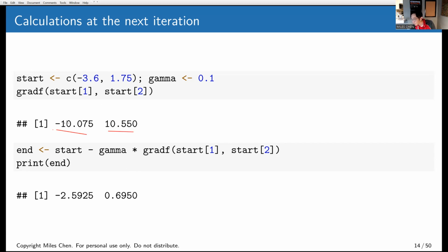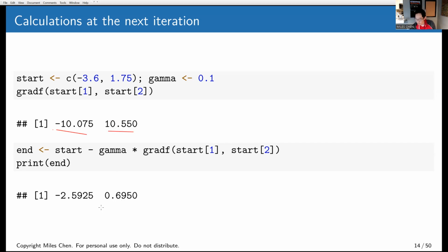So 3.6 minus 0.1 of this. This is practically 10, so I'm going to add 1 to it, and I end up at basically negative 2.6, negative 2.5925. And here I got 1.75, and that's a little bit more than 10, so I subtract off 0.1 of that, and I end up at 0.6950.